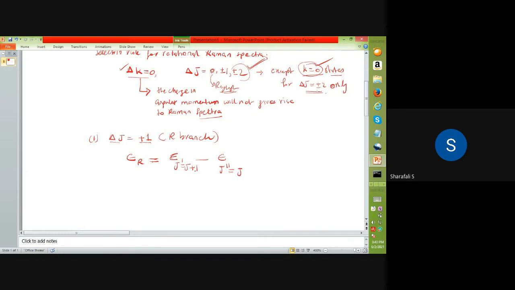So the difference is j plus 1 minus j equal to plus 1. And if you substitute these values in that particular equation for Raman spectroscopy, then we will get this equal to 2B into (j plus 1).